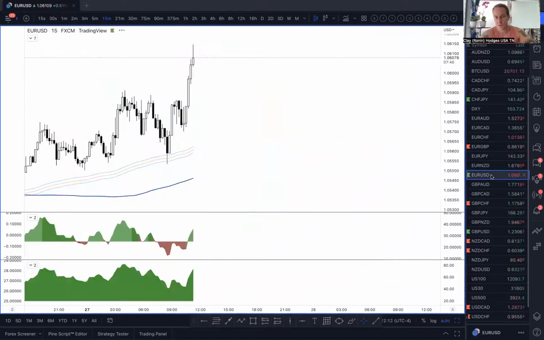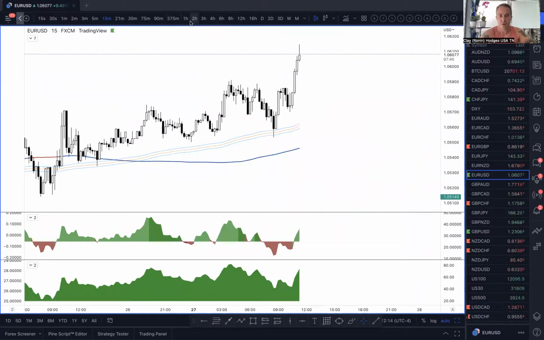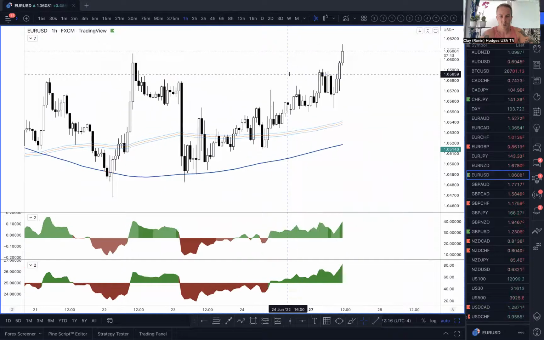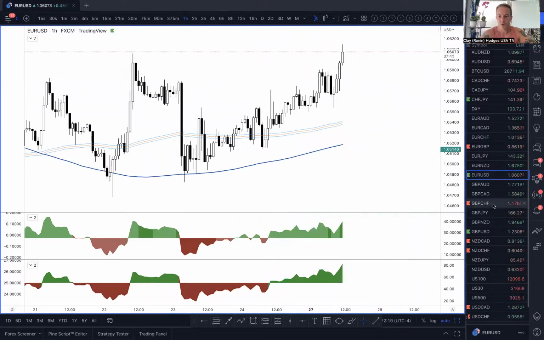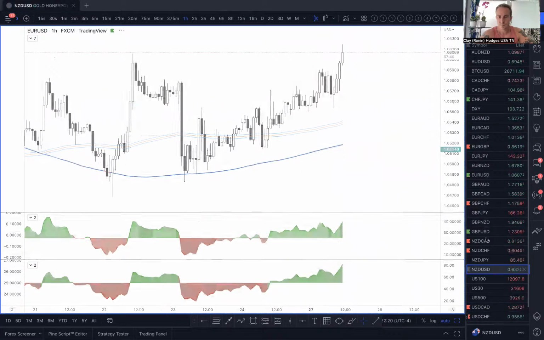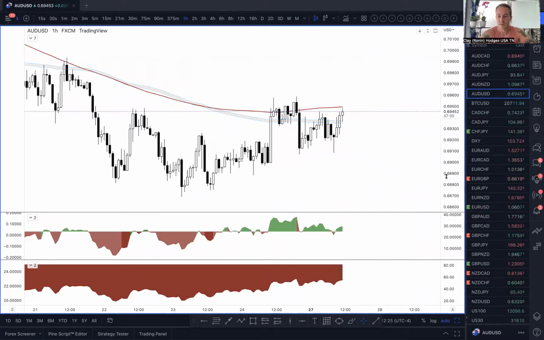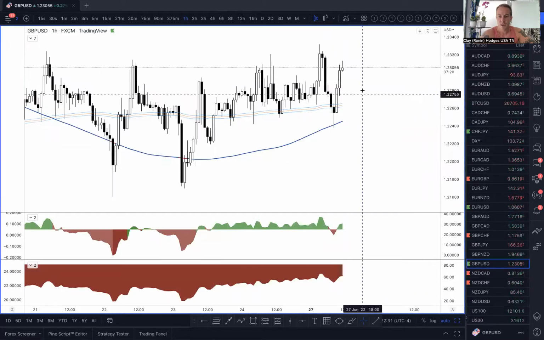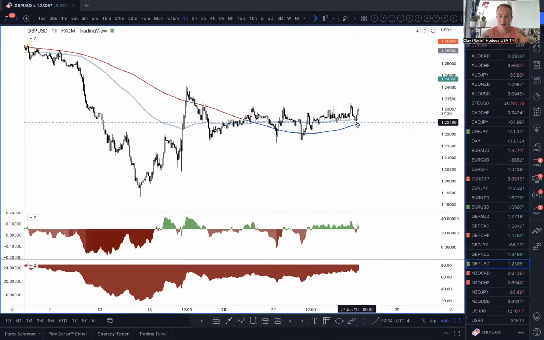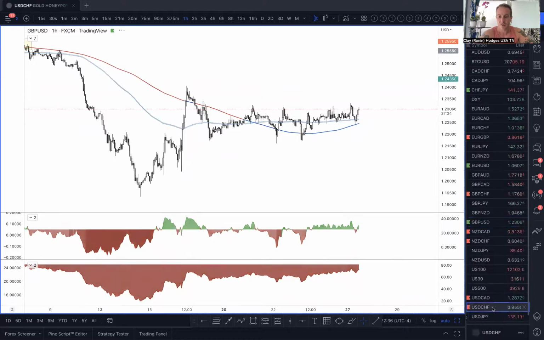So I think we could go much further than that, but those are just my immediate targets for dollar CAD. Just like I mentioned in the weekly outlook video as well, we are seeing a rally here in euro. Kiwi's been struggling a little bit. Same thing with Aussie, still looking for it to go higher. It needs to break this 200 SMA here, and we're starting to see a little bit of liftoff on the pound.